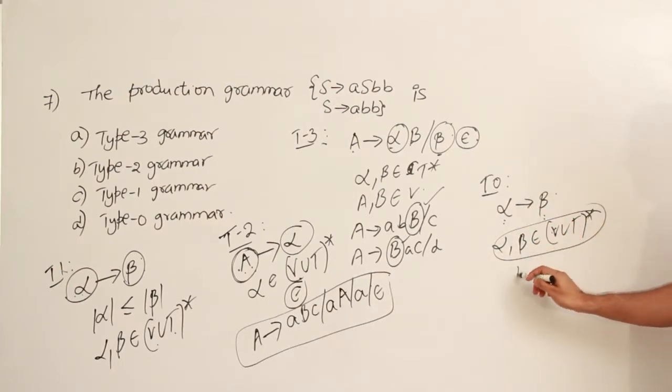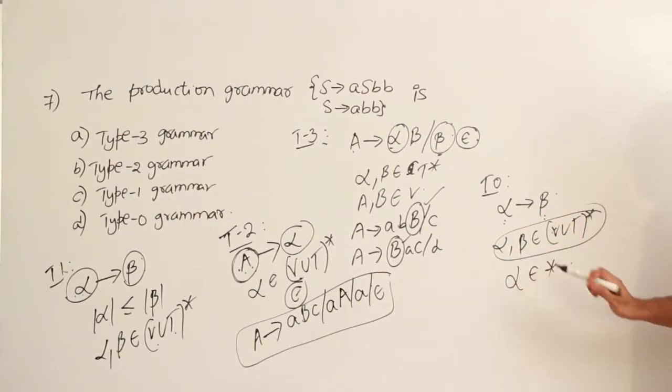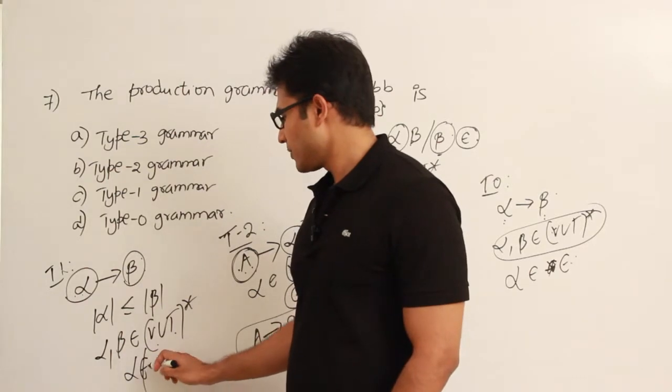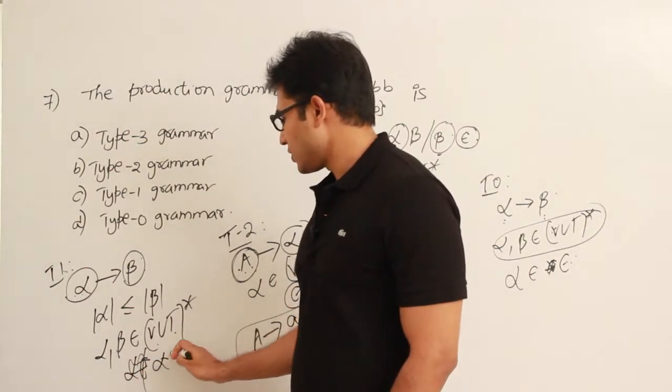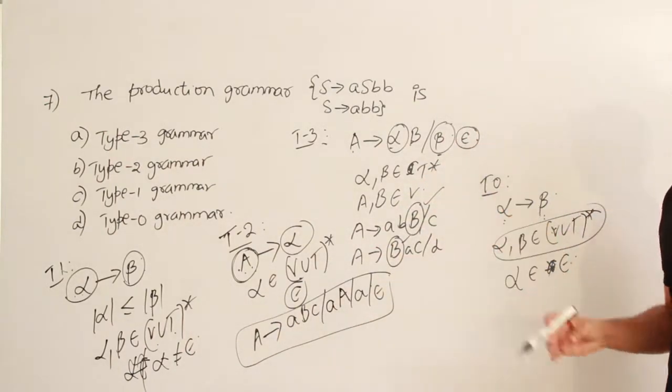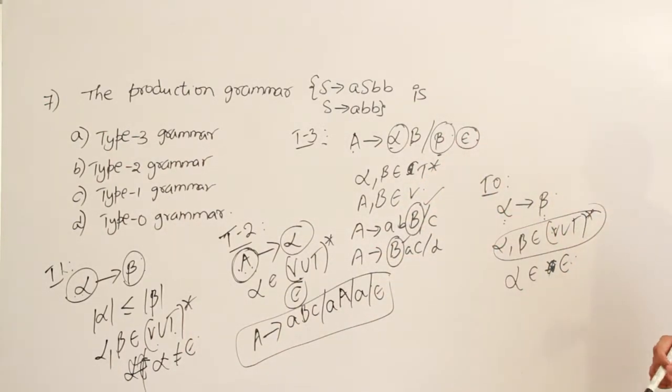Anything can be allowed. The only thing is alpha cannot be epsilon, right? Alpha is not equal to epsilon, right? So these are the four types of grammars. Just for your understanding, I have given you this.